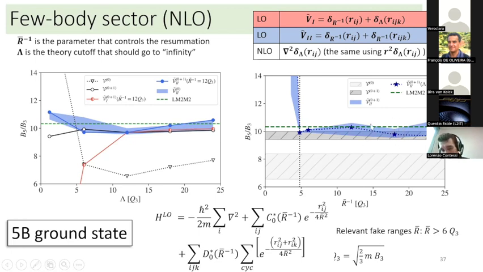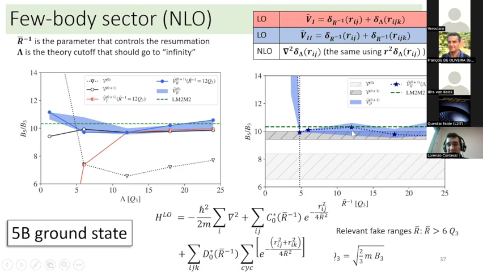Actually, all these points inside the error band given by the blue band that you can estimate are inside the error band of the next-to-leading order. Of course, the central value will coincide at a certain point, because when the range of the leading order becomes very small, it's like having a contact theory at leading and next-to-leading order. So here it is natural that they coincide.